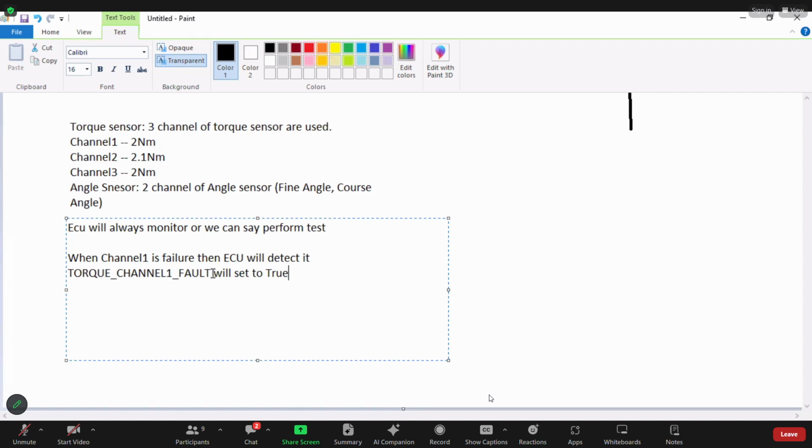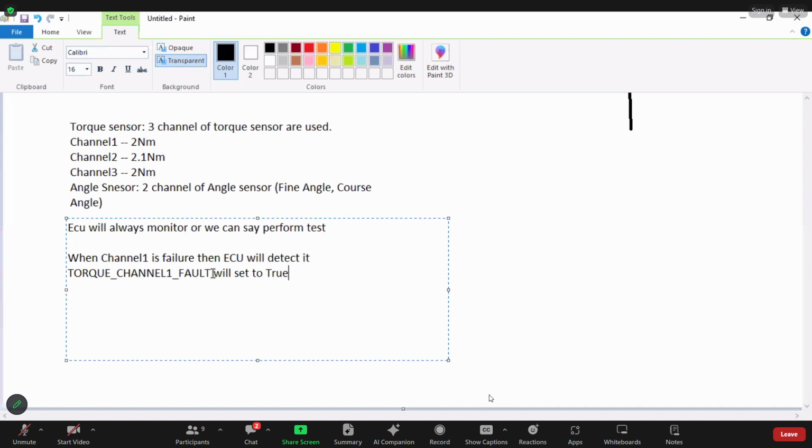Understood, sir. So when this failure is observed, it will set this variable torque channel 1 fault to true. Now it is set to true. That means the failure is there, but that failure has to be matured. Only then will the ECU store DTC-related information in the memory.